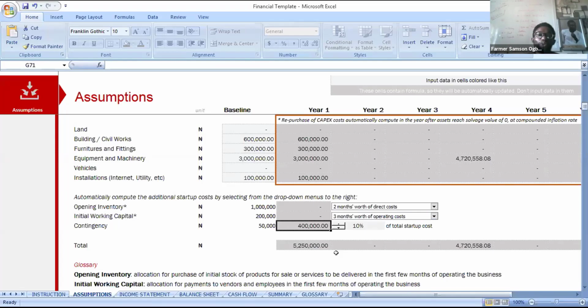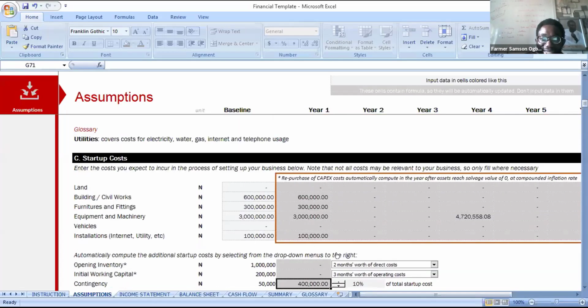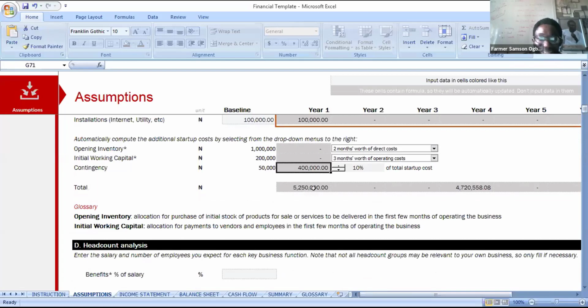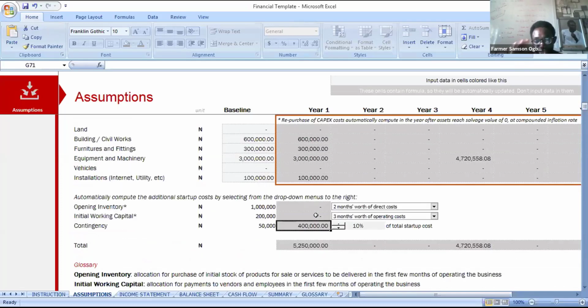So as a startup, you may not even know everything that you need. But if you fill these areas honestly, the system will automatically calculate what you should actually apply for as a loan. If you fill honestly, not the one that you do GPT filling.